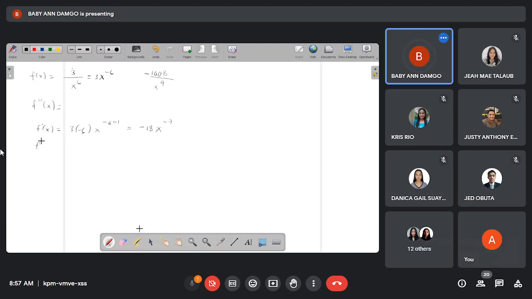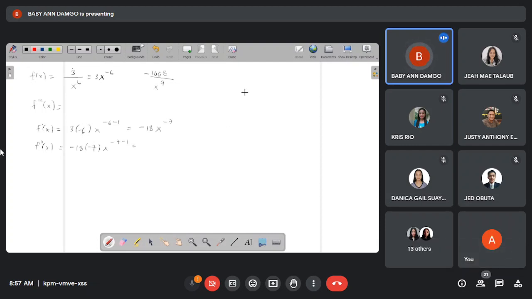For the second derivative, this is negative 18 times negative 7 times x to the power of negative 7 minus 1. What is 18 times 7?